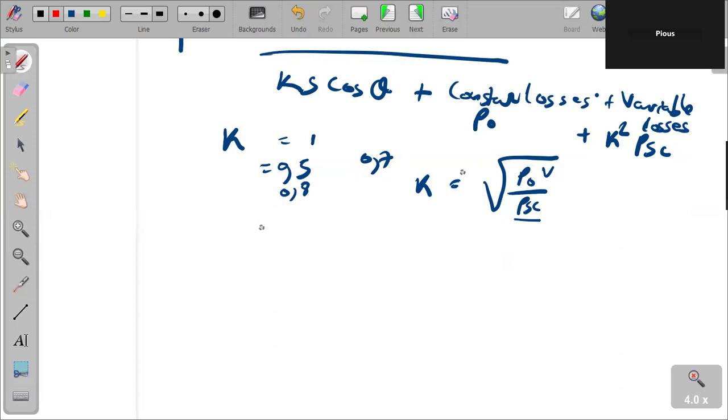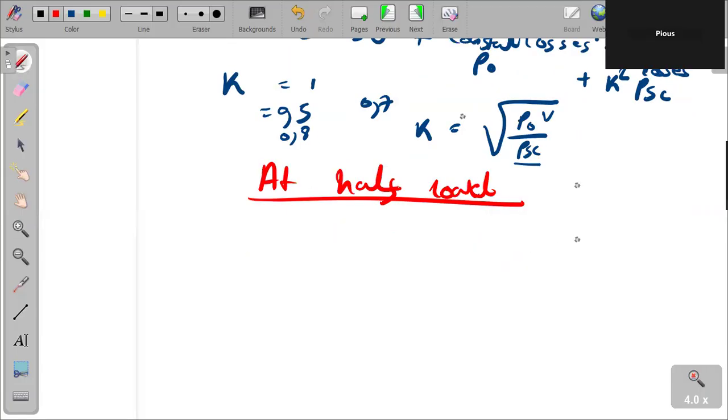At half load, now that we know this formula, let's substitute. We have been given that at half load the efficiency is 95%. So 0.95 per unit is equal to K, since it's half load, 0.5, multiplied by S, which is 250 kVA.